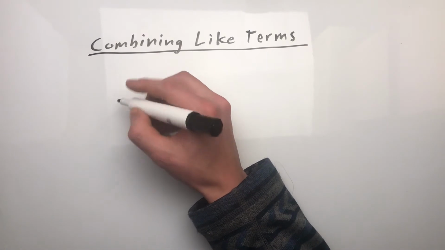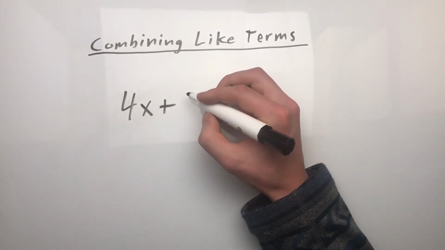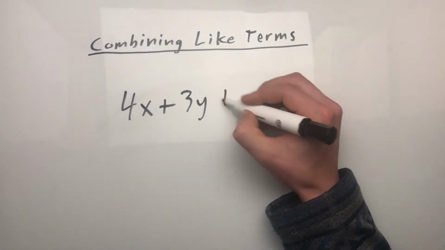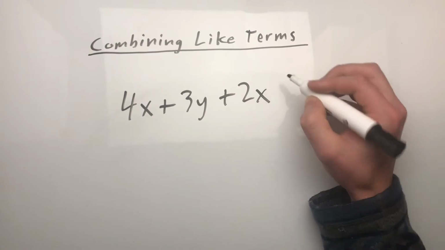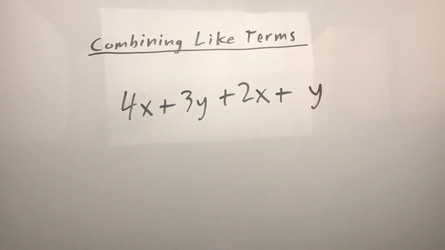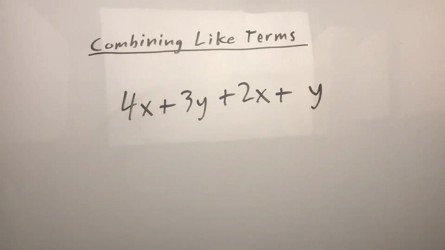What if we had an expression that had more than one type of variable, or more than one type of term? As you can see in this expression, we have both x's and y's.